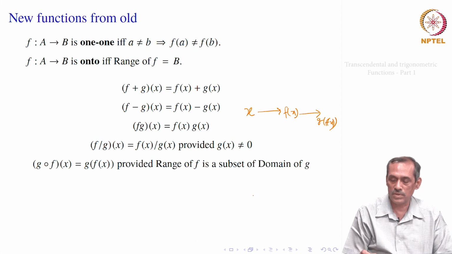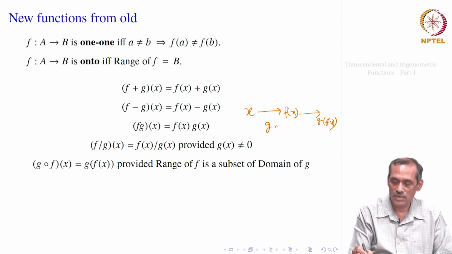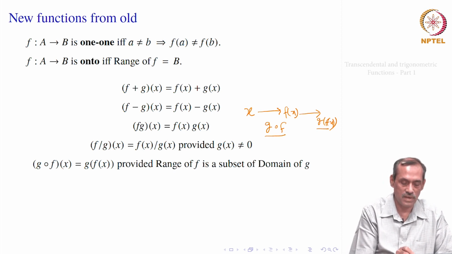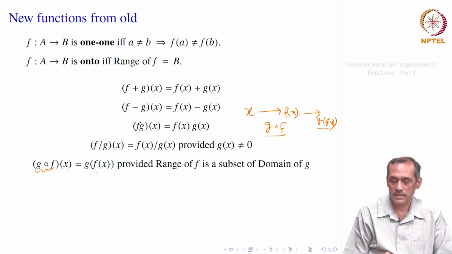That is how the composition looks. First f acts, next g acts. So, this is written as g o f, because when you come to g of f of x, we preserve this notation, that it is g o f, not f o g. So, g o f is a new function, and g o f of x equals g of f of x.